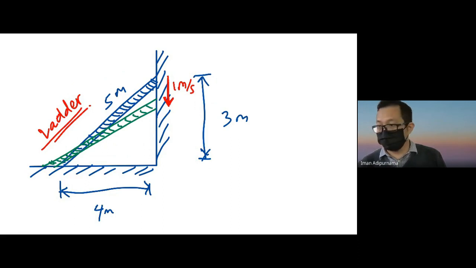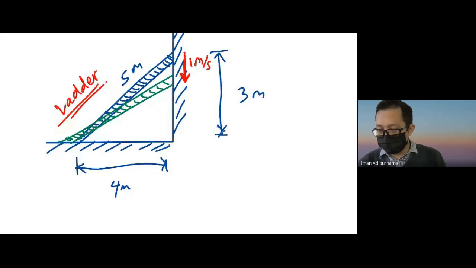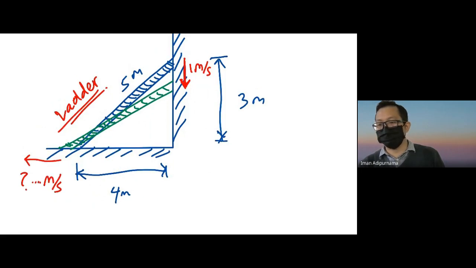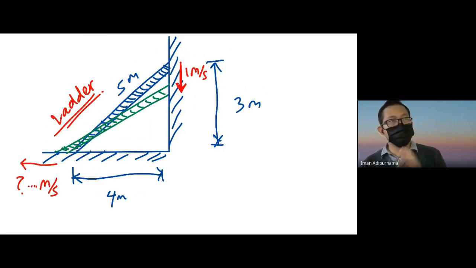And the question asks, what is this velocity here? I hope from this example you get the idea why implicit differentiation is important.